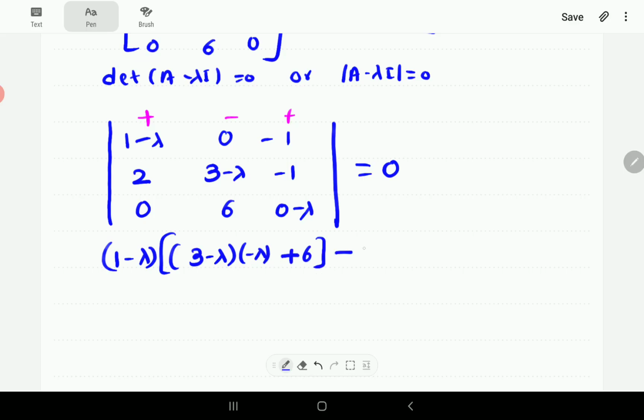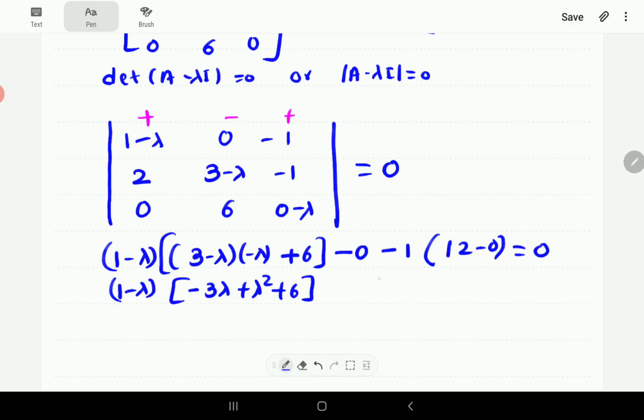The 0 into anything will be 0, just leave it. So minus 1 into 12, which is equal to 0. Now multiplying 1 minus lambda here, it will give minus 3 lambda plus lambda square plus 6, minus 12 equal to 0.